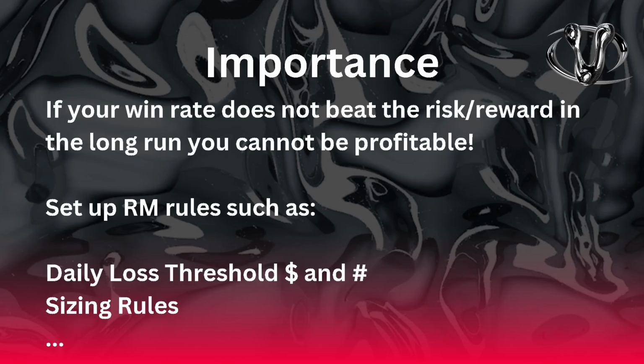Additionally, there should be sizing rules. If you're risking a certain amount of ticks, as it would be in futures, because that is the measurement of movement on futures, maybe a sizing rule would be that if it's over 100 ticks, you size down to half your normal position size.